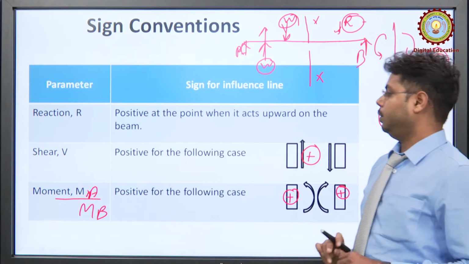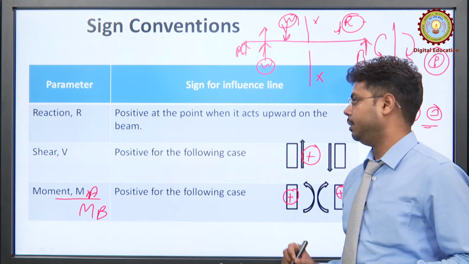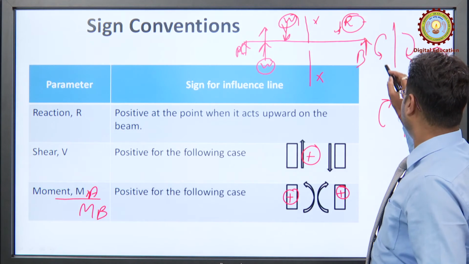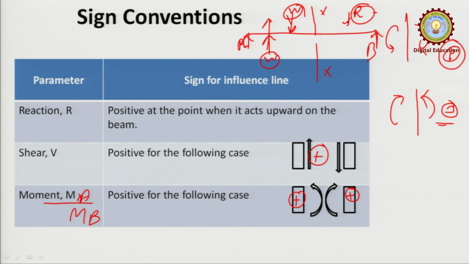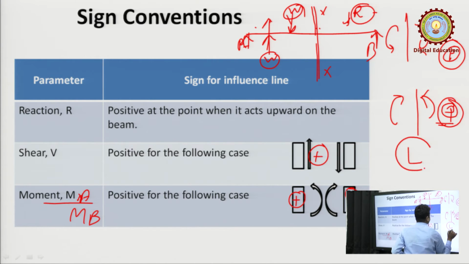That means if you are going to draw a shear force and a bending moment diagram, and you have taken a section, with the section's left side and the section's right side, this will take a positive sign if your section is left side, and you have to take a negative sign if your section is right side.